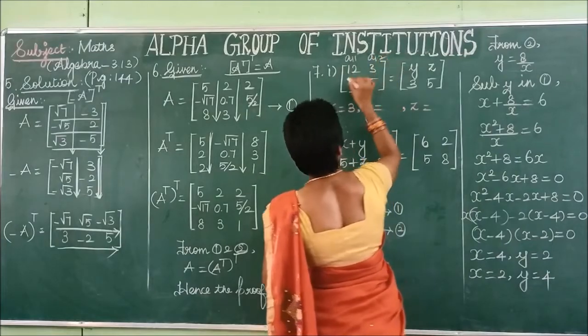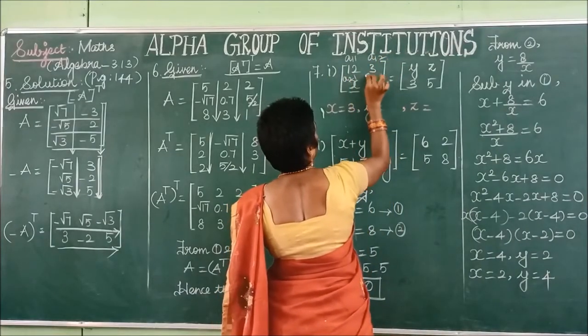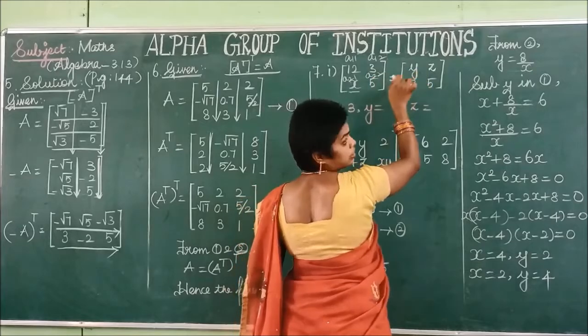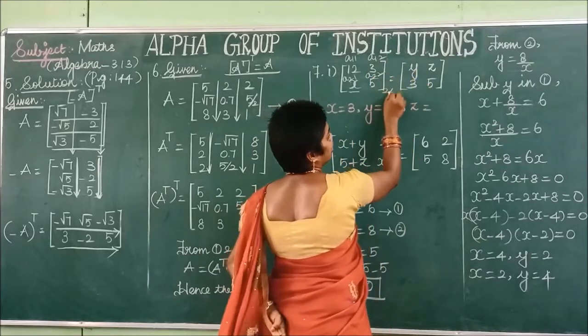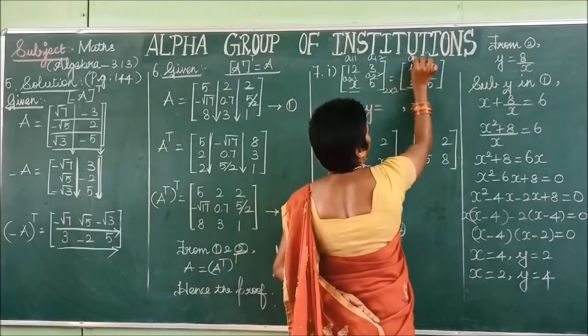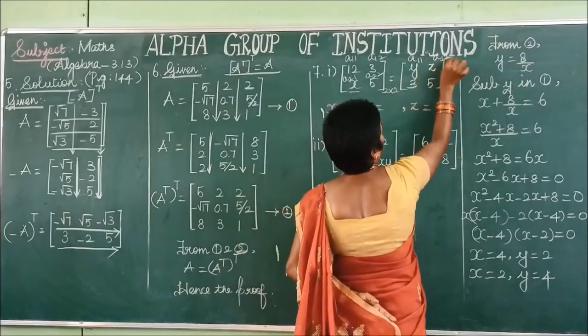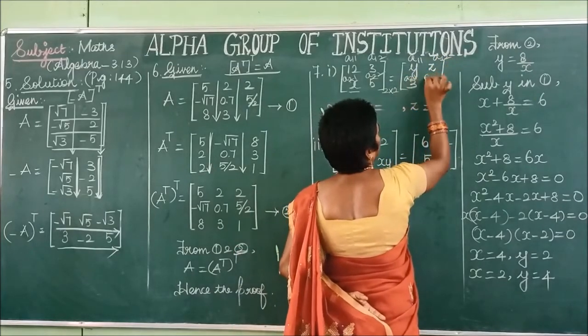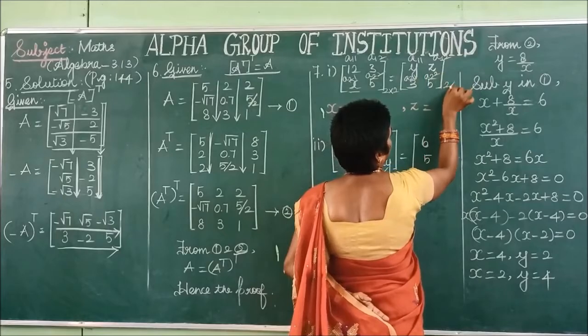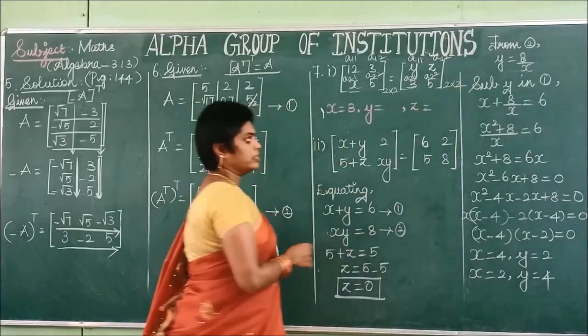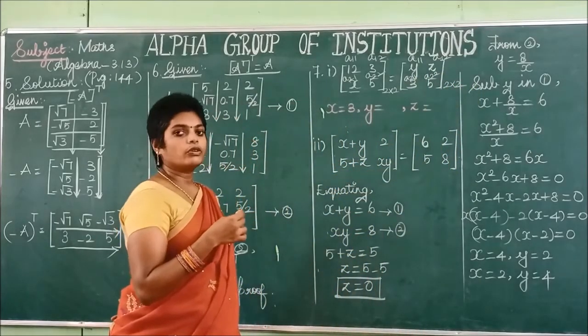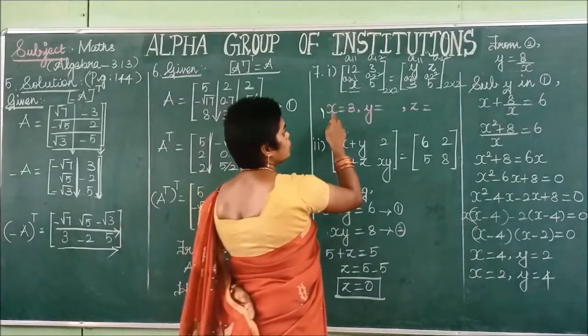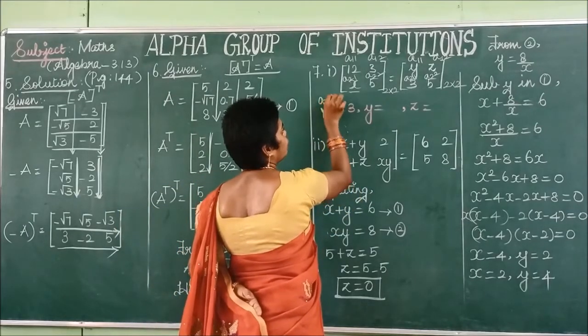Check this: A11, A12, A21, A22. Likewise, here also you check. This is a 2 cross 2 matrix. And here also, A11, A12, A21, A22. So both are 2 cross 2 matrices, and you can equate and find out the values. So this x is what? It is A21.